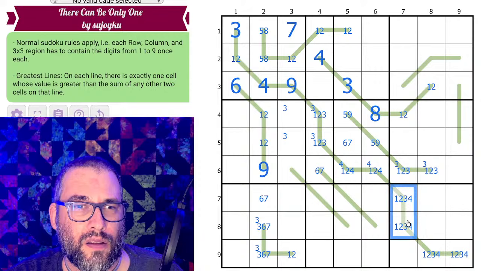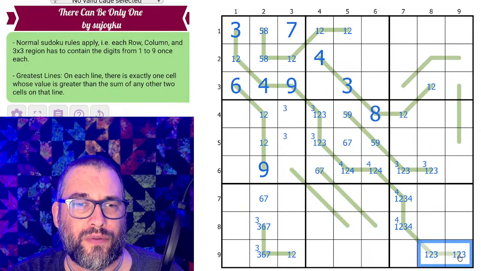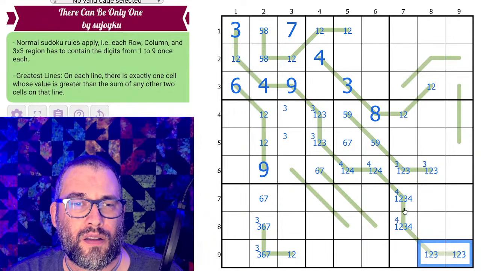I guess by this column we know there's a 4 here, so there's no 4 here. But this isn't 1, 2, so there's a 3 here.